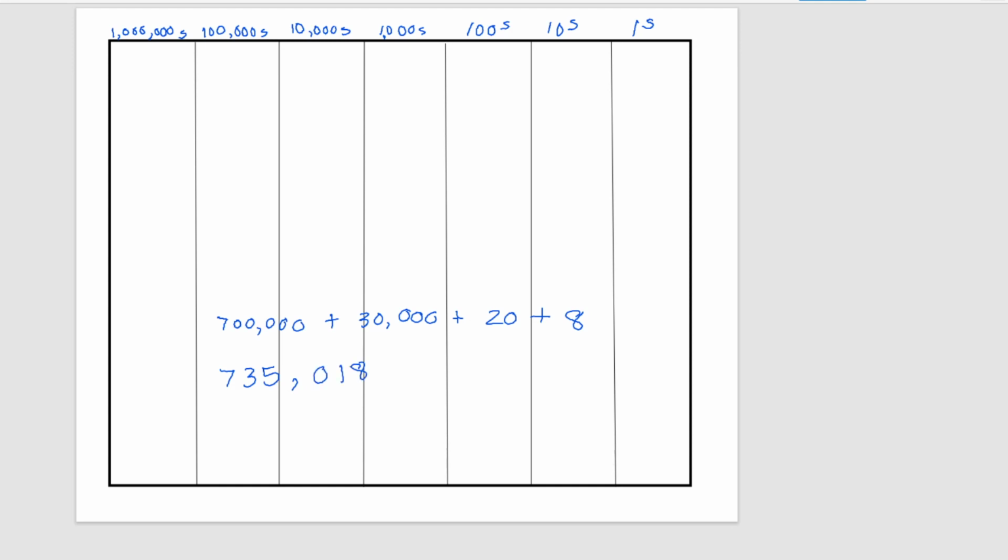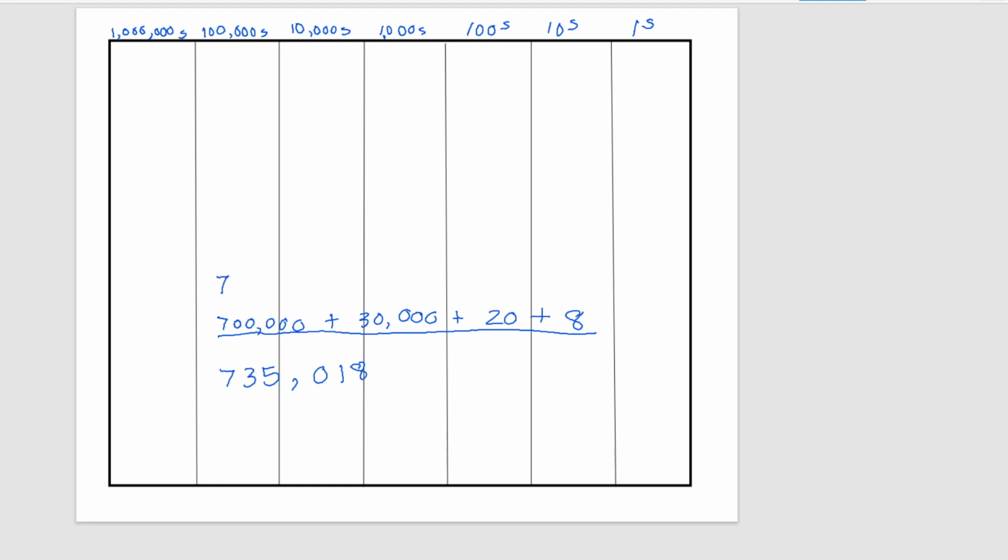Now one strategy for comparing this is to put both of the numbers into the same form. So probably the easiest to do is to take the number that's in expanded form and write it in standard form.